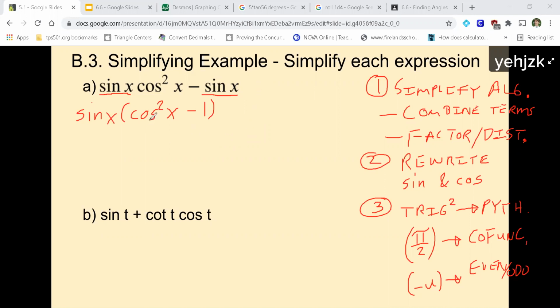All right, I'm still not down to a single trig function yet. And everything is already in terms of sine and cosine. So is there any other identity I can use? And hey, look, I have a trig function squared. So I'm probably going to have to use a Pythagorean identity. Which Pythagorean identity has cosine in it?